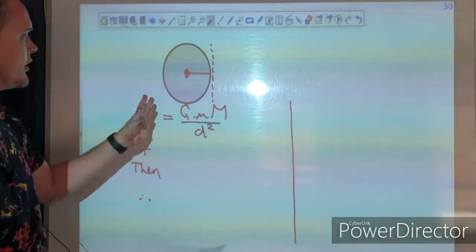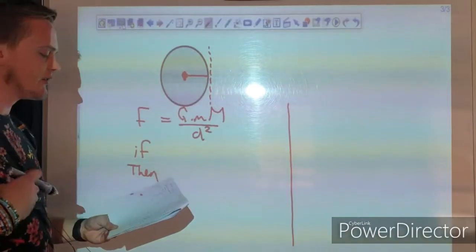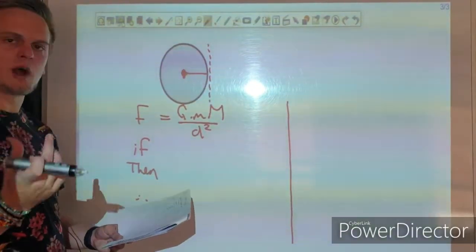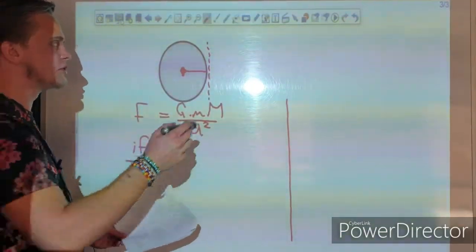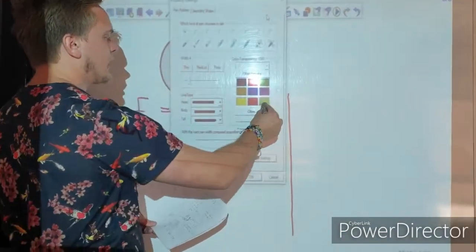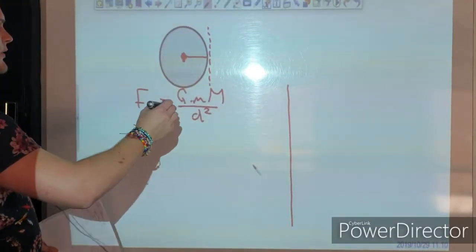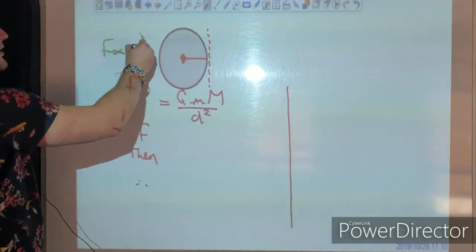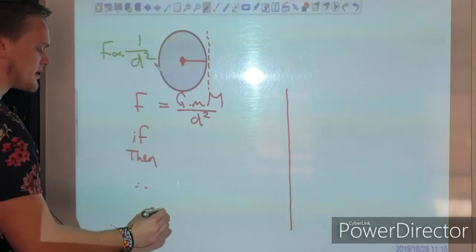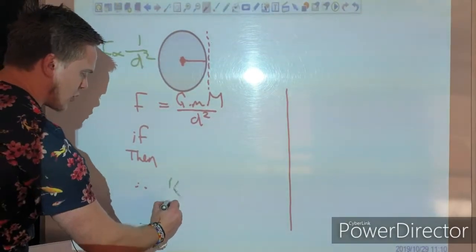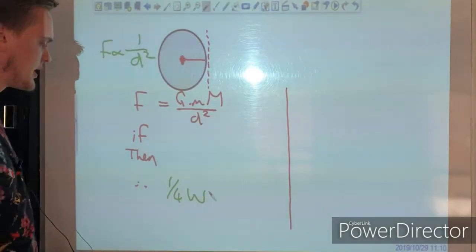So here we have the Earth, and then they say that the satellite is orbiting the Earth, and they give us the force or the weight already. Okay, so this is now a reverse question to what we are normally used to. And you should know that from Newton's universal law of gravitation, the force is inversely proportional to d squared. So they already gave us that the weight is a quarter W or a quarter F, doesn't matter.